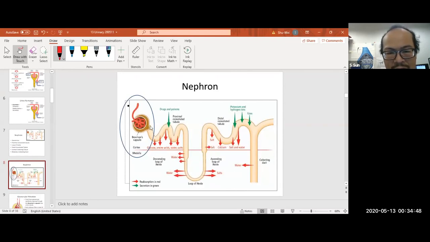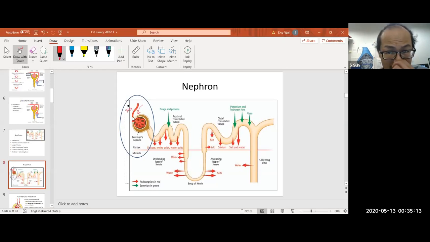Here is the blood going in, through this one here. Here is like a strainer. The blood has blood pressure, right? The heart pumps and pushes the blood. This is arterial, so blood goes in with high pressure.